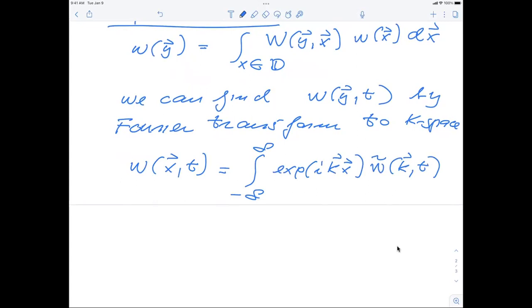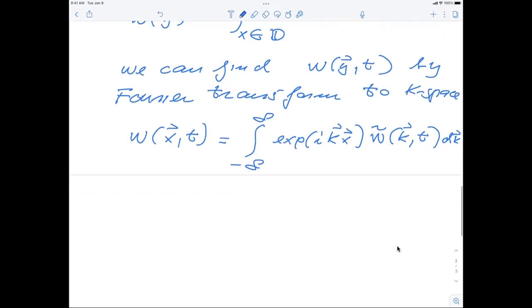And this is an integral over dk. I hope you have seen Fourier transforms before. That's an extremely useful tool when we, for instance, want to solve differential equations, or we want to represent a pulse as an expansion in terms of sine and cosine functions.